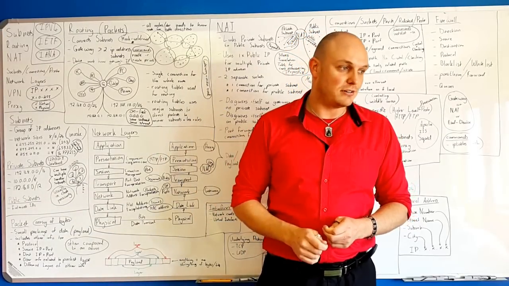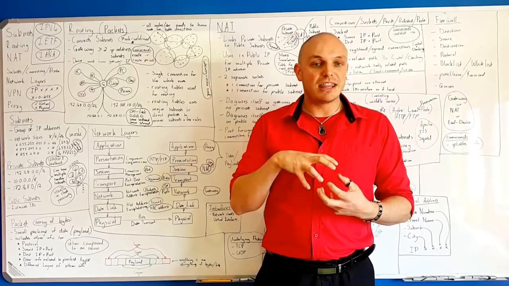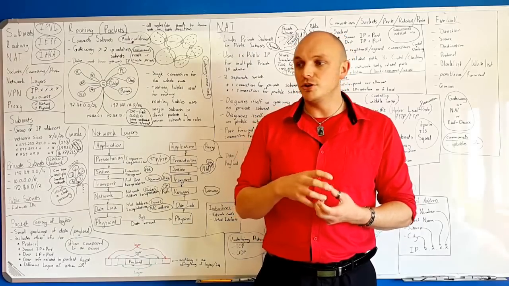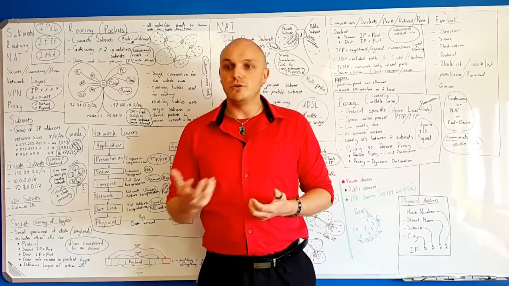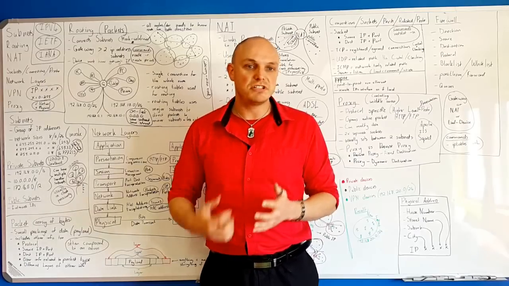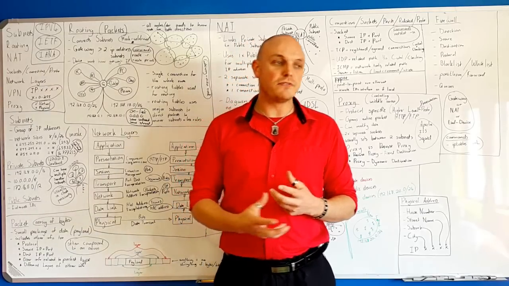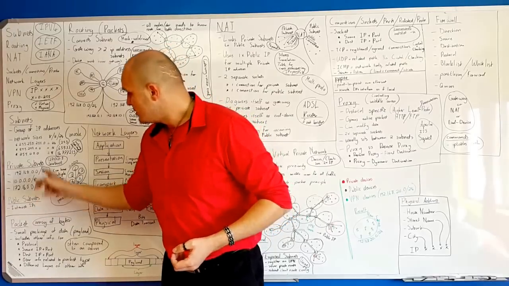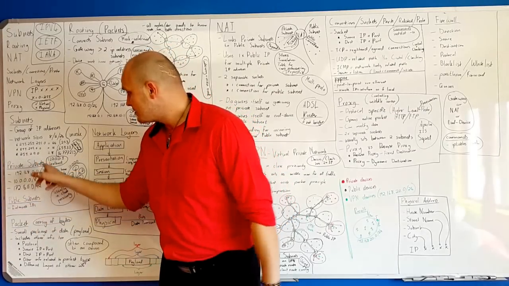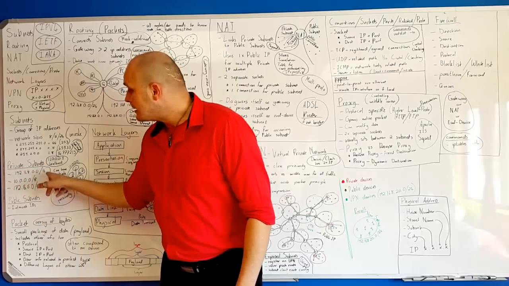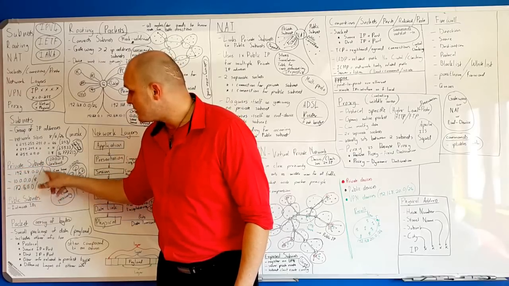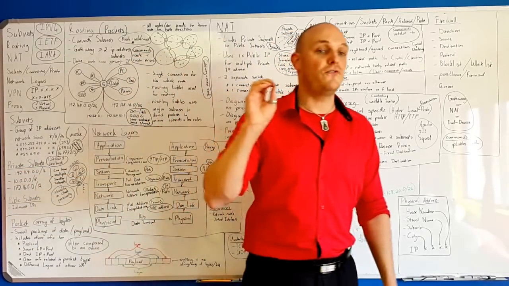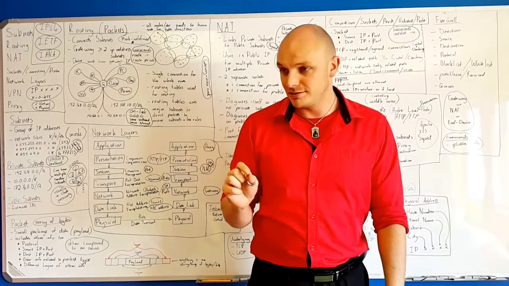So for that reason, there were a couple of things invented to circumvent this issue and to also make the subnets more safe. And one of the things that was invented is obviously the split between these two subnets. So we've got private subnets and public subnets. The subnet ranges I've listed here are actually official private subnets.